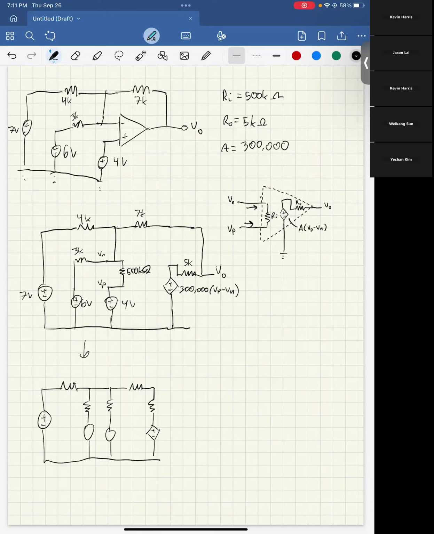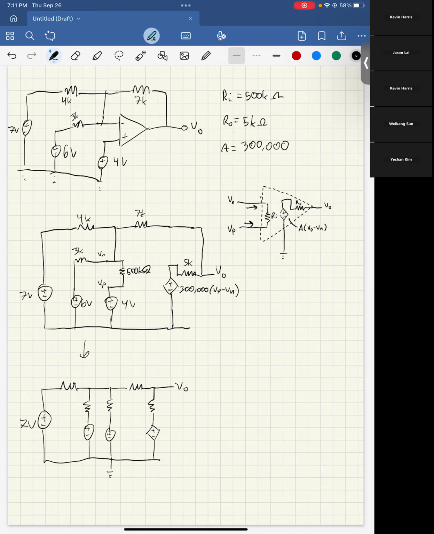Hopefully you guys can see how this is the same circuit. The connections are all still the same, and then this would be our V out, and this is our ground down here. If we're doing a node voltage, then we want to pick what nodes we care about, and what the important equations are.